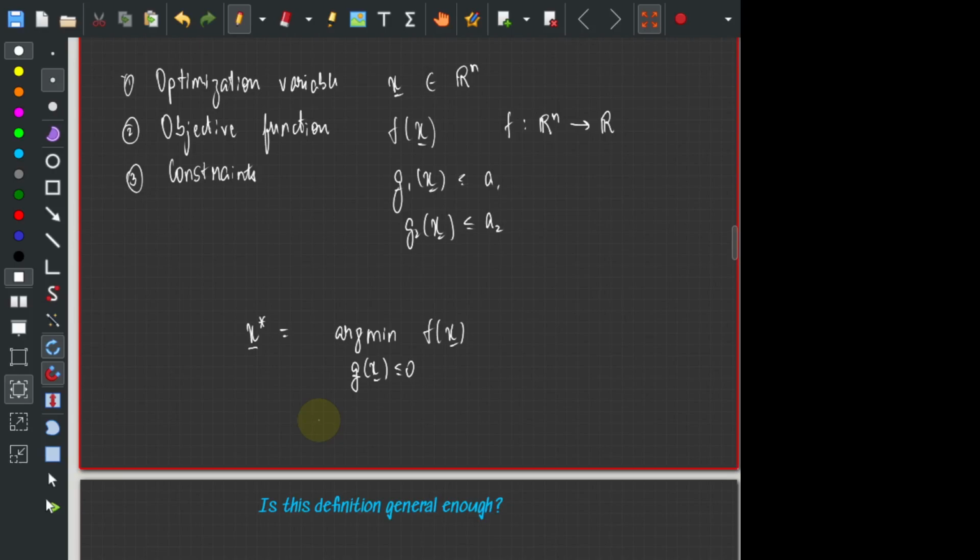So it's g1 of x less than or equal to 0, g2 of x less than or equal to 0, and so on. So I can have multiple constraints.